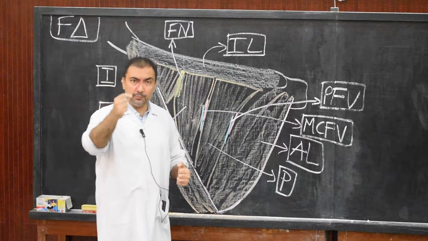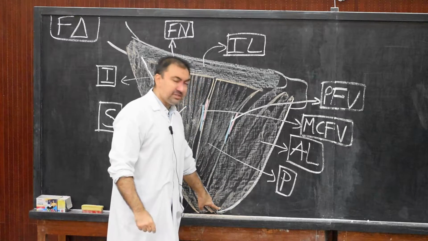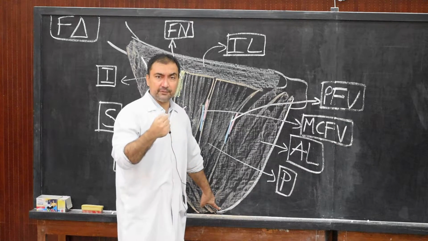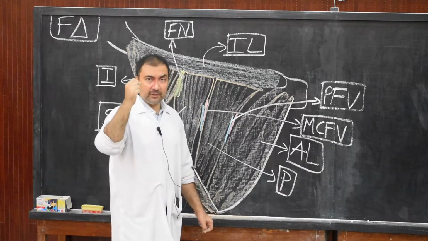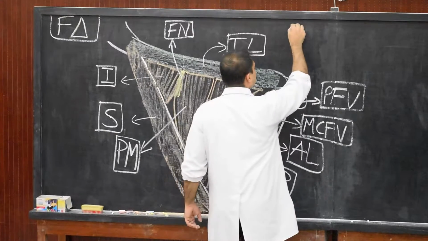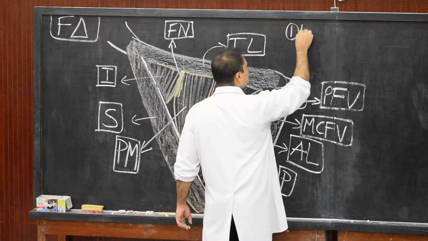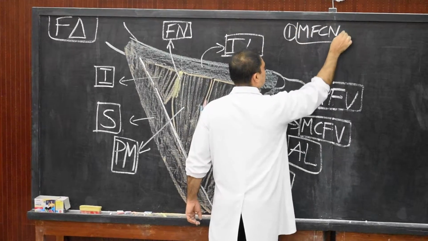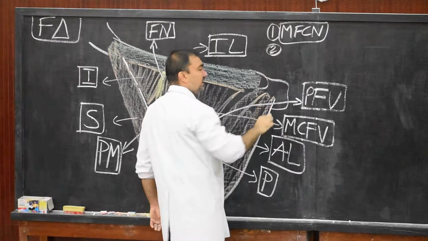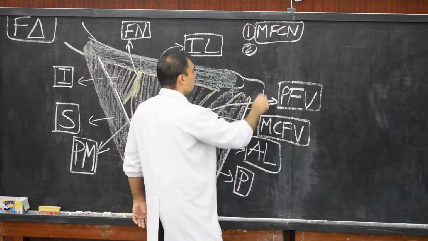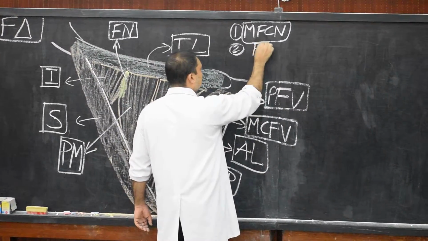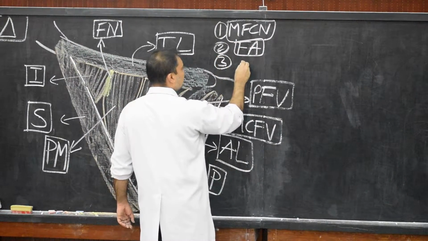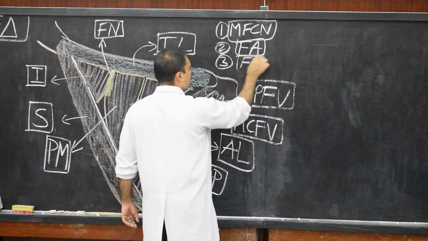Very interesting. From superficial to deep, the structures injured during any penetrating injury through the apex of the femoral triangle are, number one, the medial femoral cutaneous nerve. Then structure number two, deep to it: the femoral artery. Third, deep to it: the femoral vein.